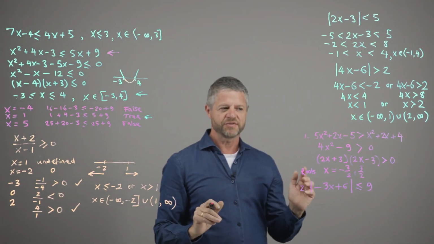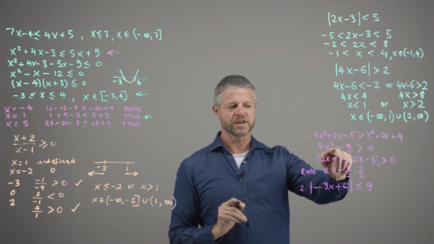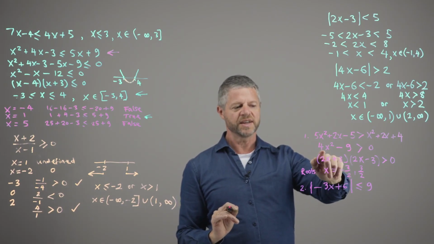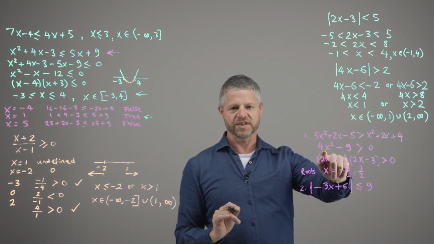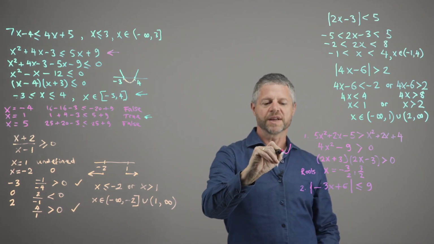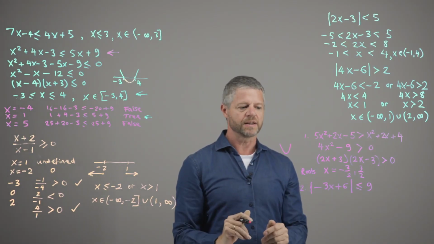So the only thing that's left for us to do is just to think about what this would look like if we draw it on a graph as a parabola. We've got a positive coefficient on the x squared, so that means it's going to be opening upwards rather than opening downwards, more like a valley than a hill.